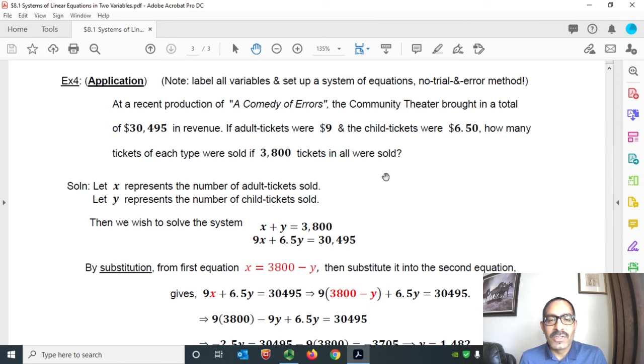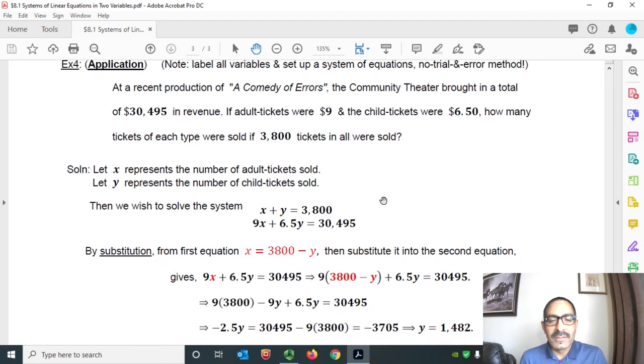So what are the unknowns here? The unknowns are adult tickets and child tickets. So let's assume x represents the number of adult tickets sold and y represents the number of child tickets sold. Then let's write the system here. Total tickets were 3,800, so x plus y is 3,800. That's one equation.